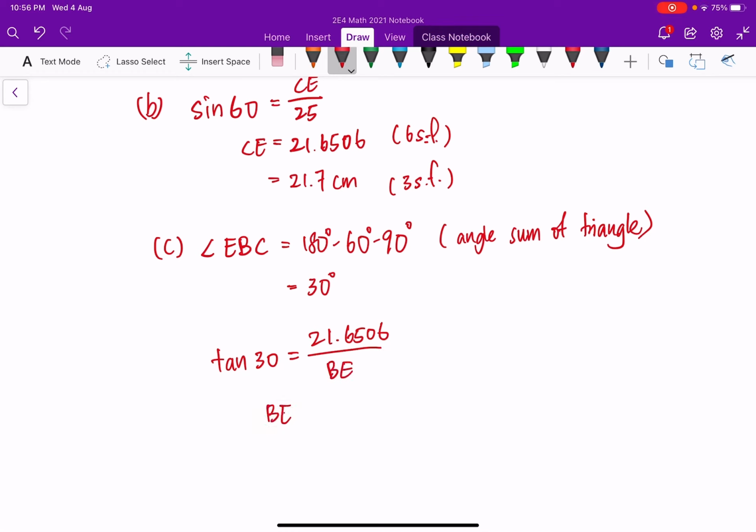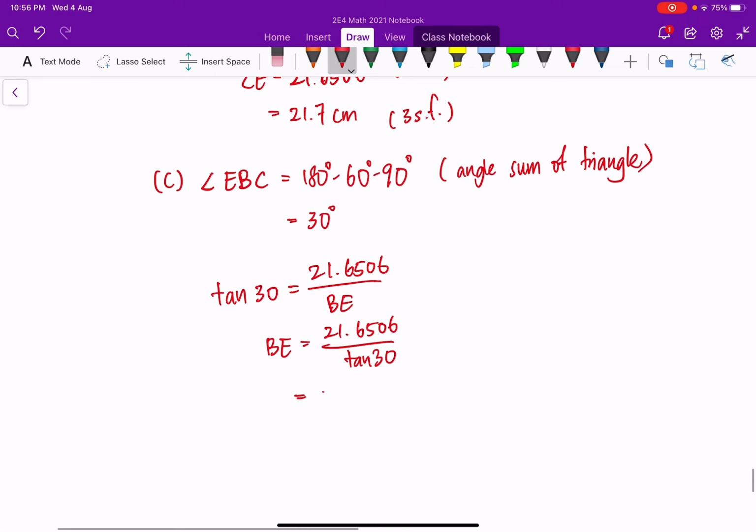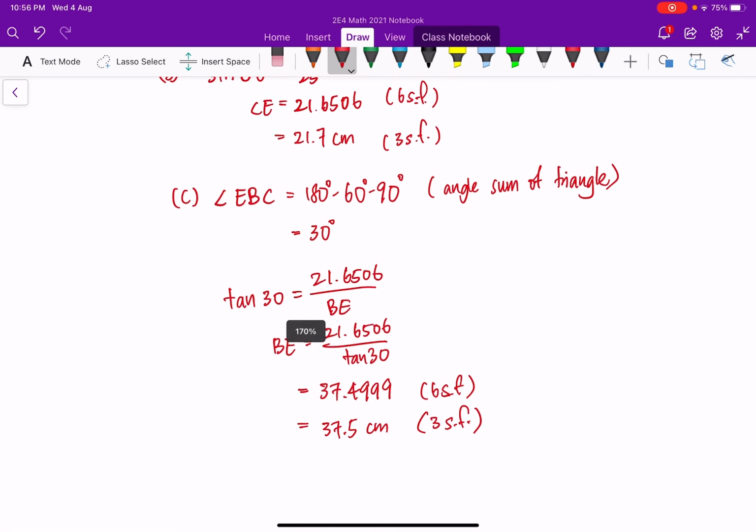Therefore, BE equals 21.6506 divided by tangent 30, which will give us 37.4999 to 6 SF, and the final answer is 37.5 cm to 3 SF. And this will be the answer for the last part.